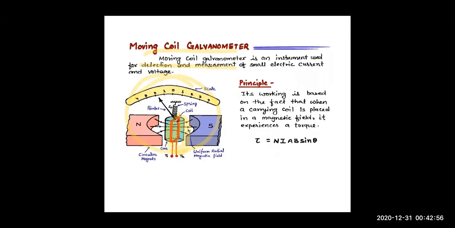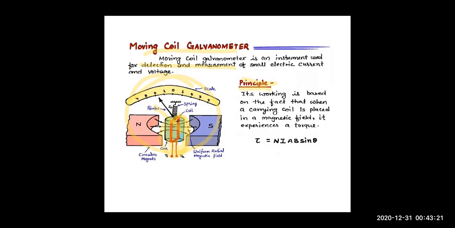And this deflection is the indication of how much this coil will get deflected. That is the indication of the amount of current that is flowing in the circuit. Right? So let's talk about the principle. It is based on the principle of the deflection, right?